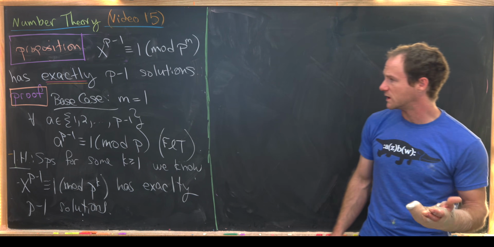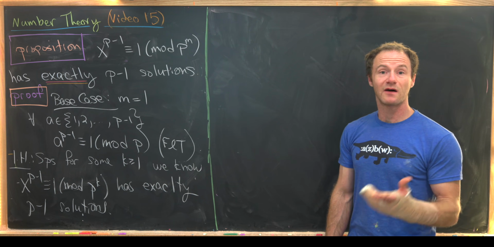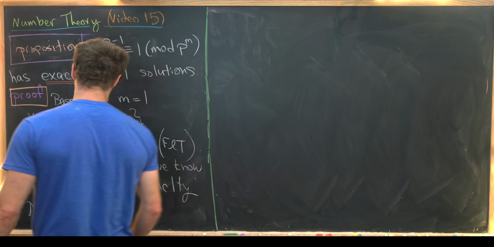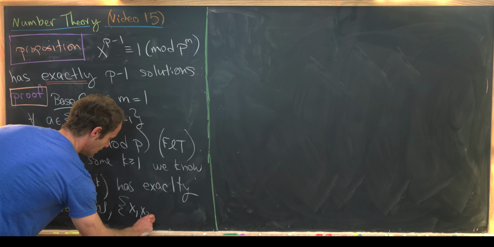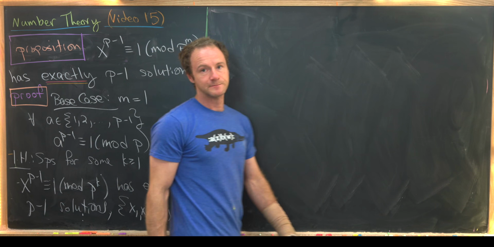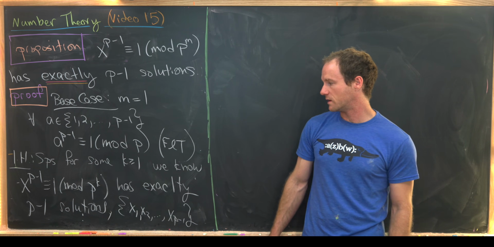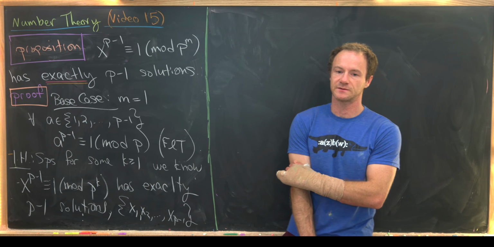And now we're going to want to consider the next case. Before we move on to our induction step, let's maybe name these solutions. I'm going to name them x1, x2, all the way up to x p minus 1. So that means x1 to the p minus 1 is congruent to 1 mod p to the k, and so on and so forth. We've got that for all of those.